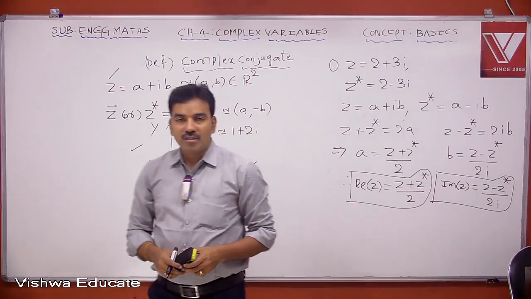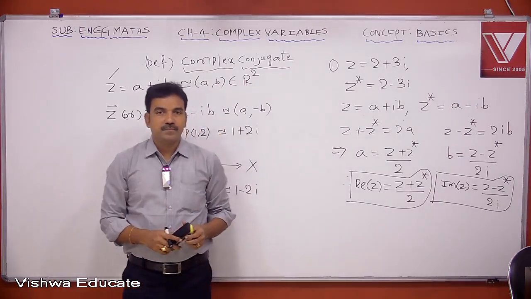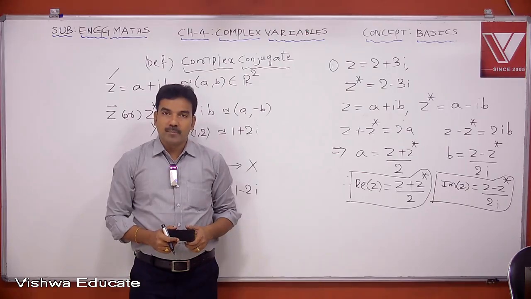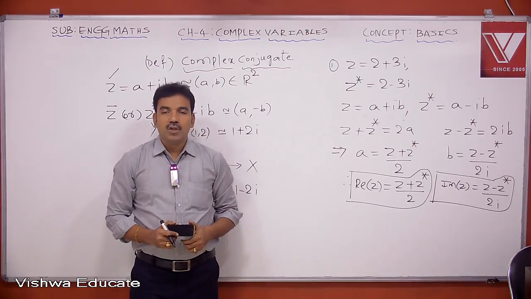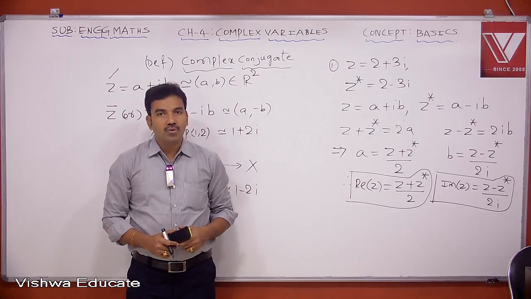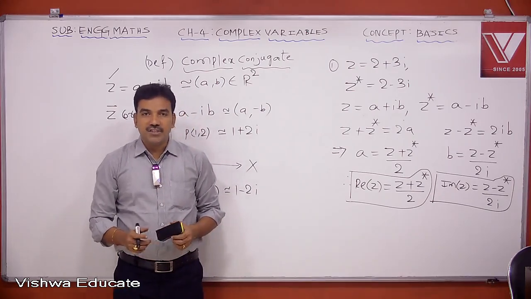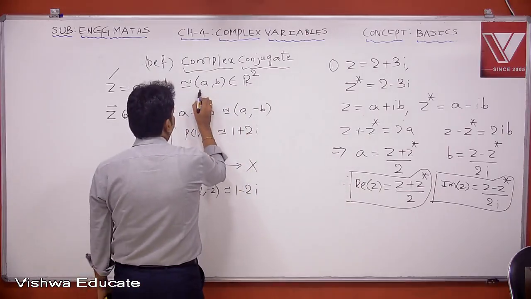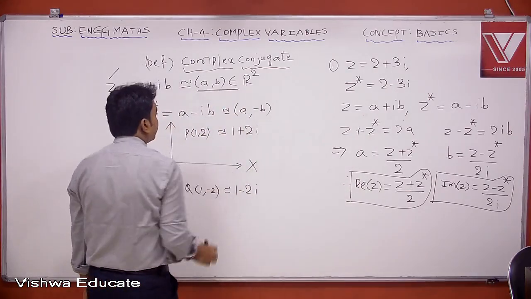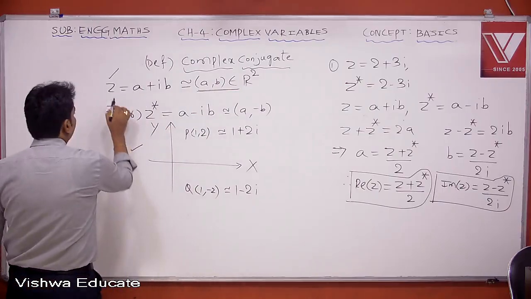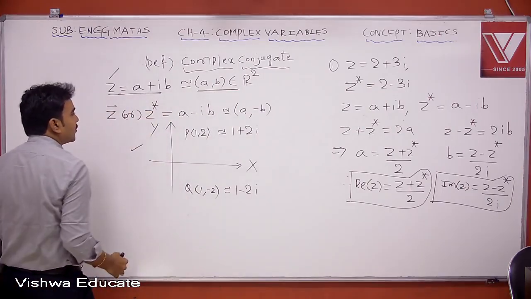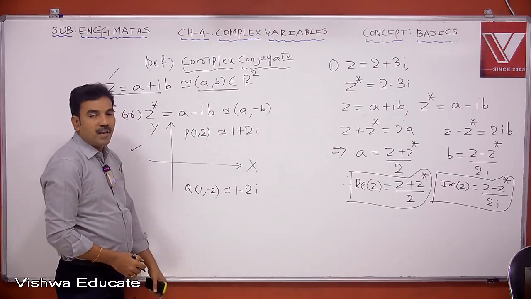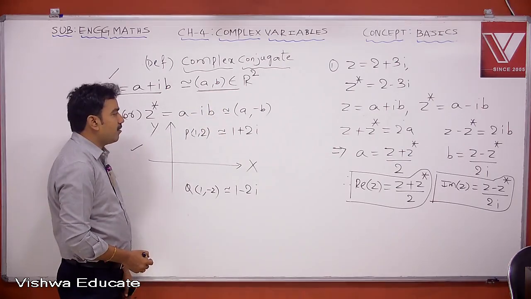Now we make a few comments. First note, the complex number z equal to a plus ib is equivalent to a 2D point a comma b.